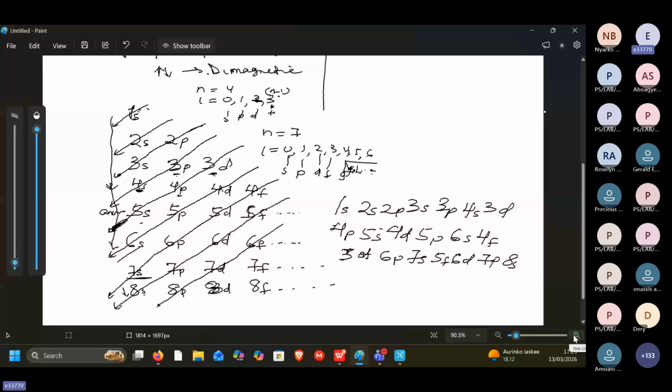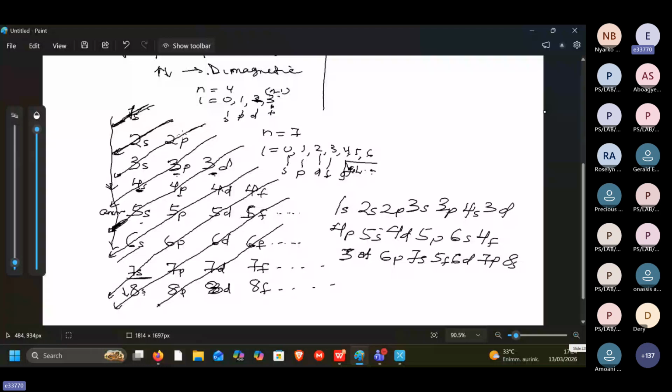So when we are filling, we'll start with the lower energy. So if you forget anything, 1 is lower, 2, 3, you are going to infinity higher. So let's fill 1s, then continue with 2s. Then after 2s, come to 2p, and then 3s. After 3s, come to 3p, and then 4s instead of 3d.